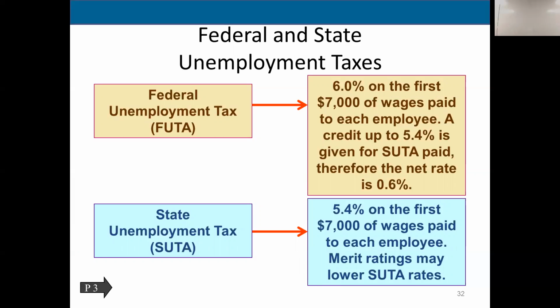If there are a lot of claims against their unemployment account, so they're paying in these taxes, and there are a lot of claims against that, guess what happens to their merit rating? Your rating would either stay unchanged, or, if it had been lowered in years past, it could be raised back up. So that's why we have merit ratings.